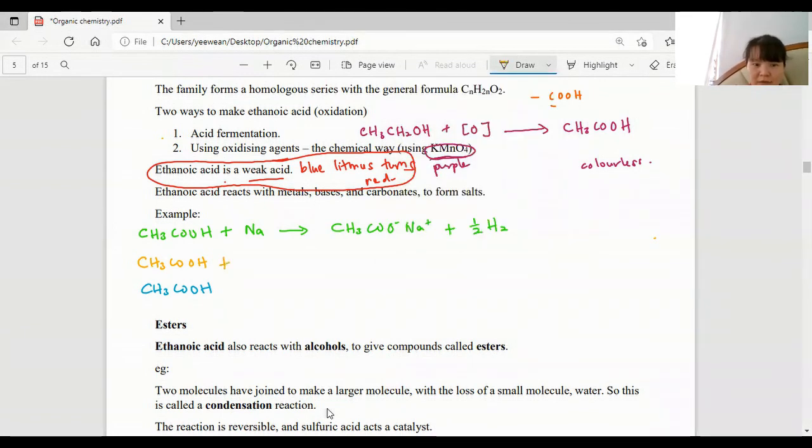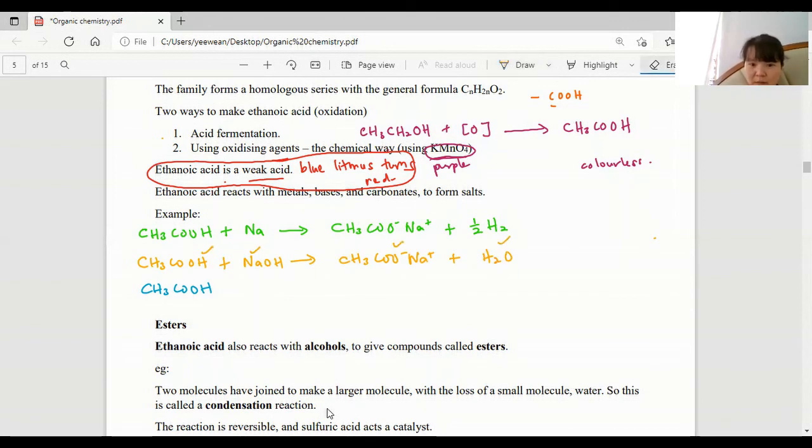If it reacts with a base, such as NaOH, we'll get the same salt and water. So isn't this just acid plus base equals salt and water?